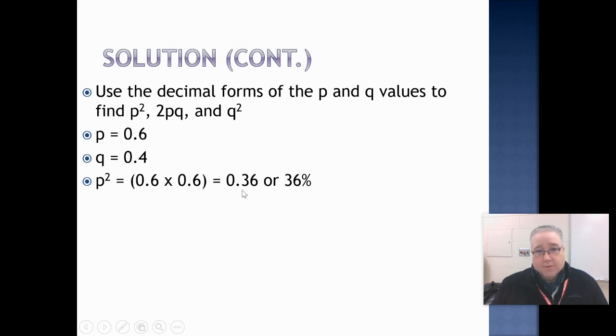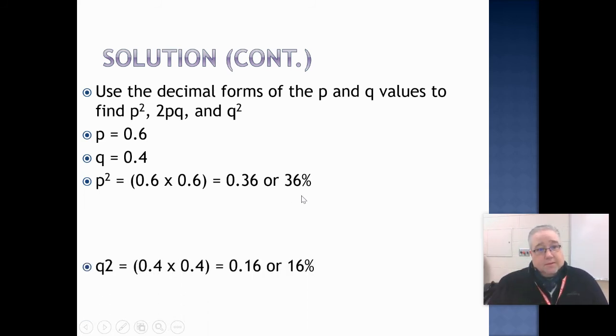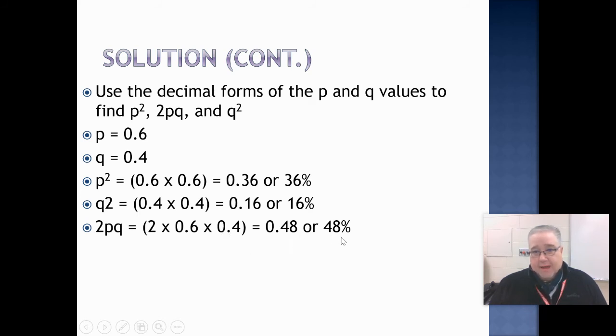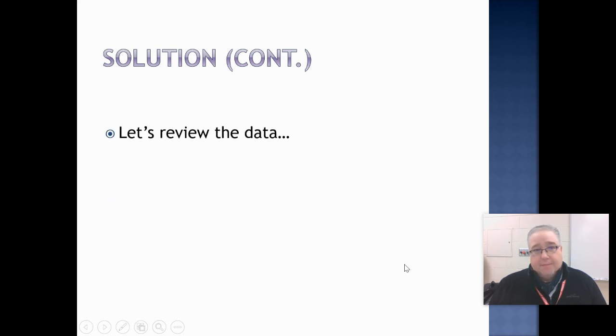That gives us 0.36 or 36%. Q squared, 0.4 times 0.4. That would give us 0.16 or 16%. 2PQ, 2 times our P times our Q, that would give us 0.48 or 48%. So make sure that you double check your numbers, make sure that they do add up to 1. That's always a good idea.